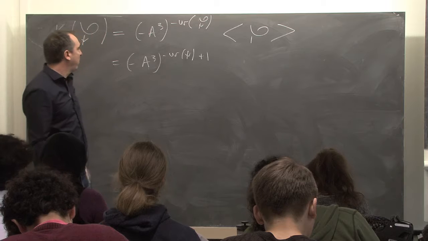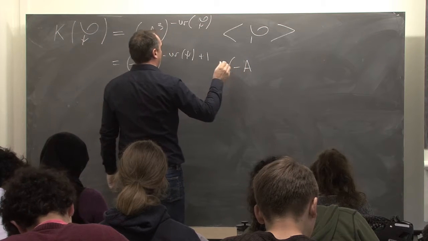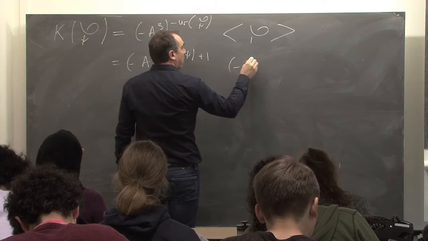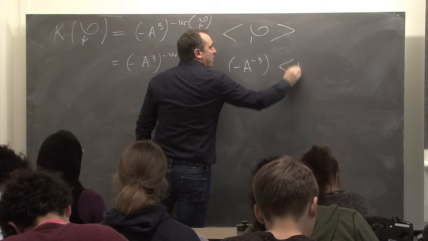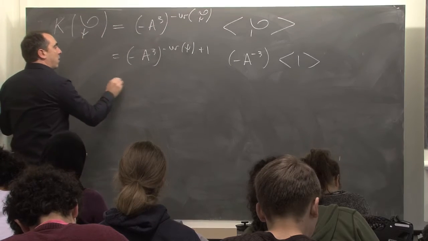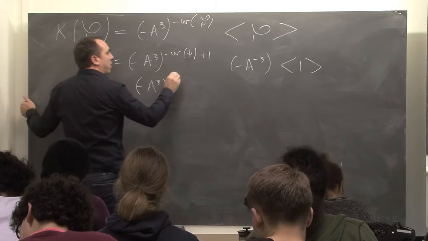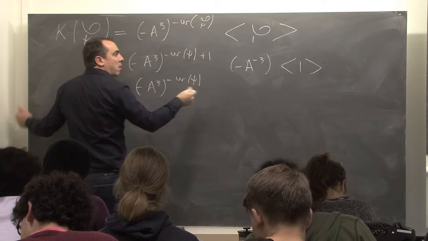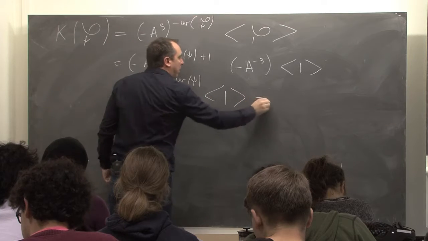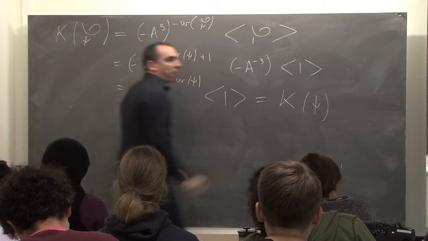So presumably, we obtain minus 3. So we obtain this, which is the K of this.